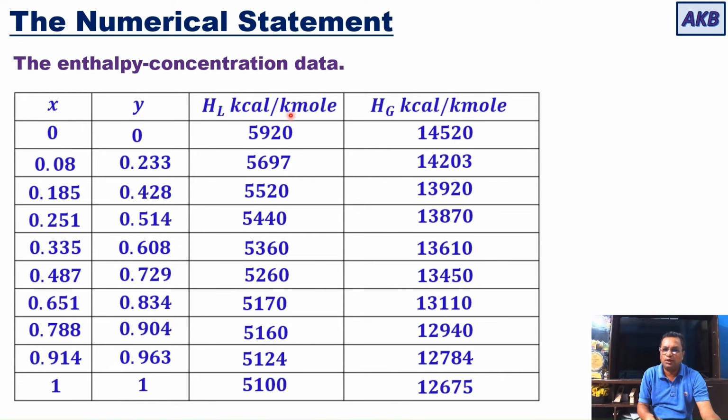This is given in kilocalories per kilomole. Then you have Hg, various values of Hg. So these are enthalpies of saturated vapor mixture, and that is also given in kilocalories per kilomole. So enthalpy concentration data is provided to us, and we are going to use that to plot the enthalpy concentration diagram. So we'll come to know about it shortly.